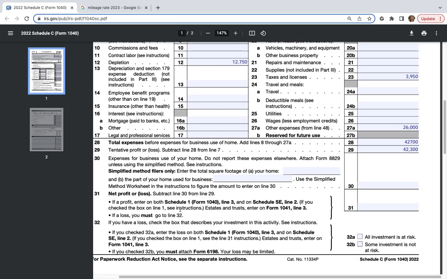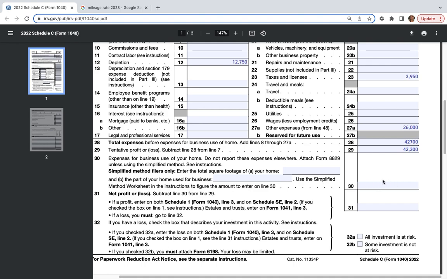And then if you had business use for your home, you could also do a simplified method, or you could use actual costs. You do have to put the total square footage of your house, and then the percentage of square footage that you use for business purposes.